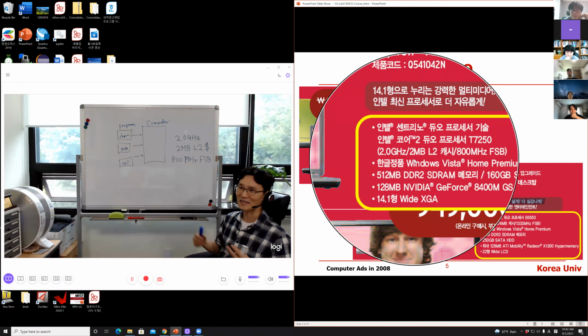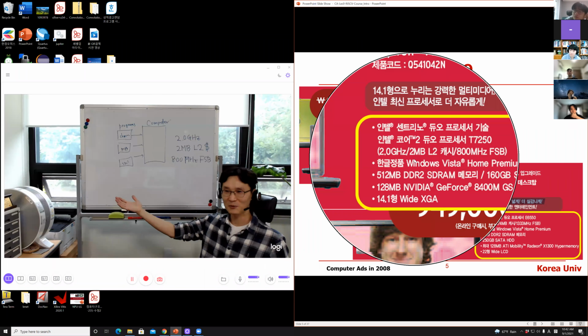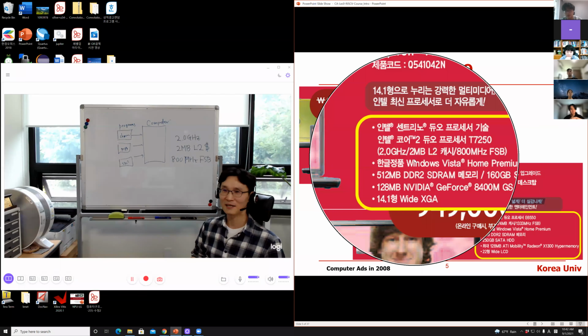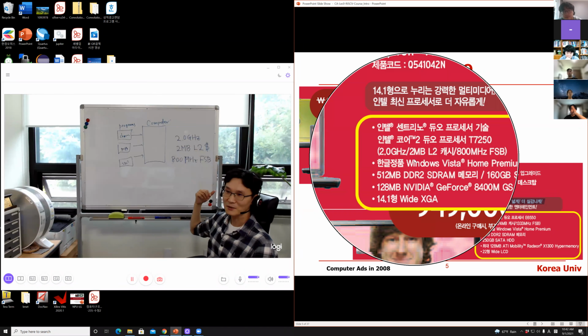But somehow you purchase a computer. You go to an electronic store in Yongsan. Then the salesperson tries to explain what this 2 megabyte level 2 cache means. You know what? Actually, the sales guys don't know the meaning of this terminology.